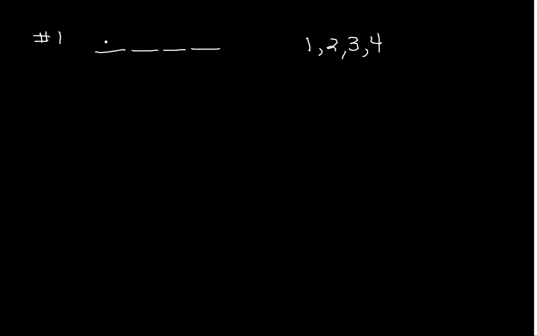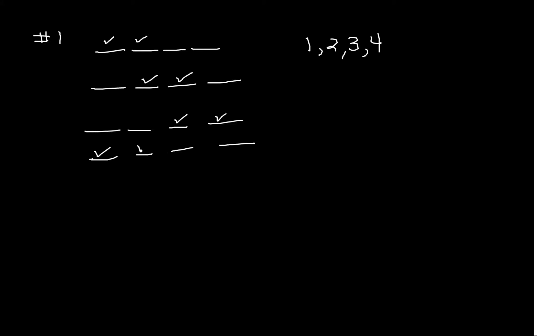So you could have the 2 and 3 be here and here. You could have the 2 and 3 be here and here. You could have the 2 and 3 be here and here. Is there any other places they can be next to each other? Oh, okay, you could have them all reversed. You could have 2, 3, and then you could have 3, 2, right here and here.